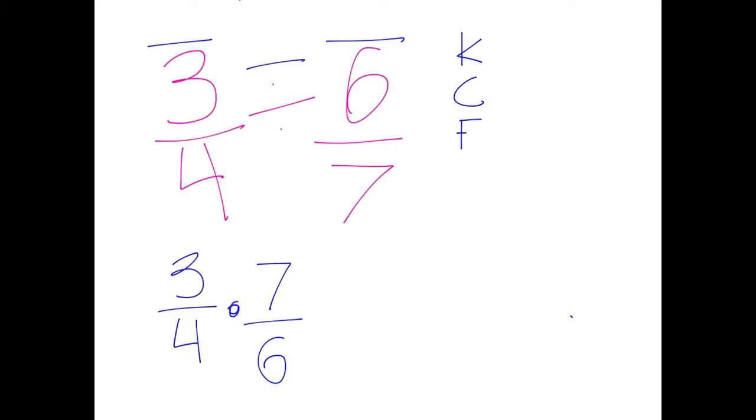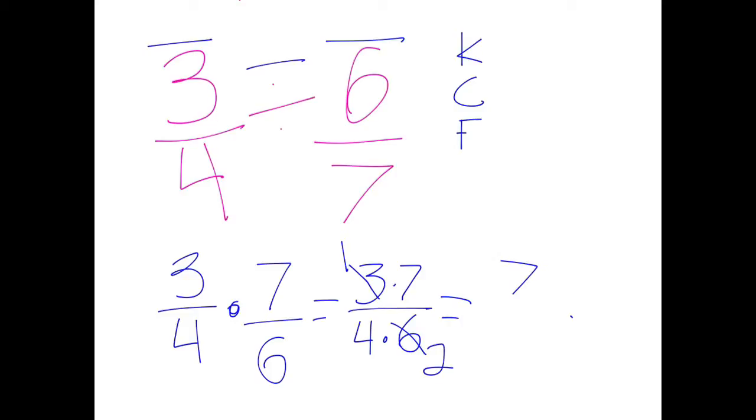And then now you just simply multiply 3 times 7 and 4 times 6. So now we're going to divide out. And so it's going to be divide by 3. So 1 and 2. And now you're going to divide 7 and 8. And that is your answer.